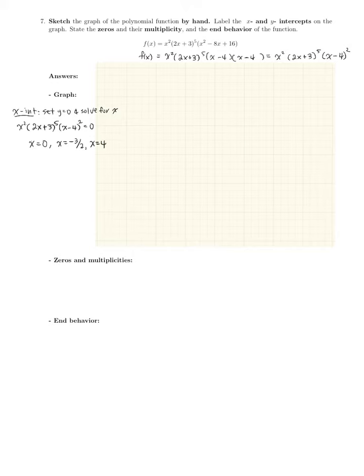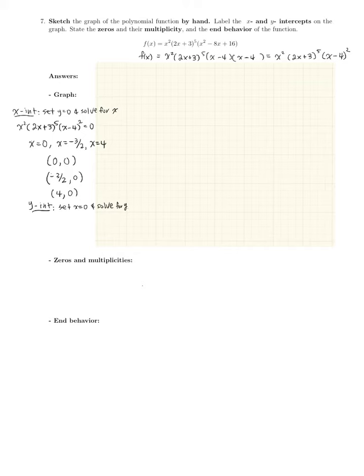So it looks like our x-intercepts are: when x is 0, y is 0; when x is negative 3 over 2, or negative 1.5, y is 0; and 4, comma 0. Okay, that looks like our x-intercepts. And let's go with the y-intercept. To find it, you set x equal to 0 and solve for y.